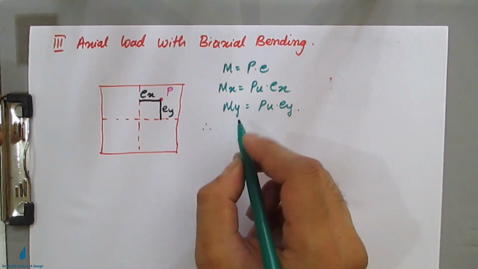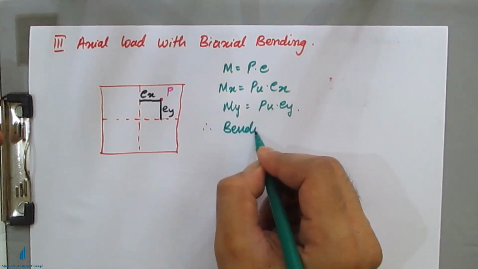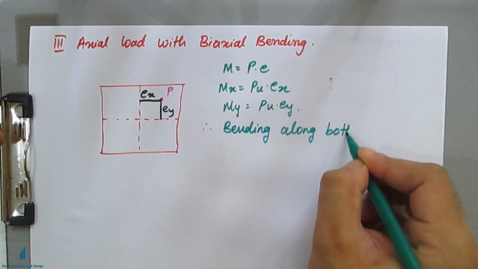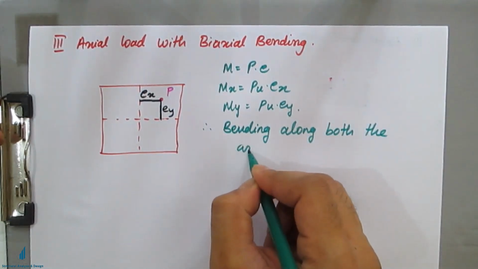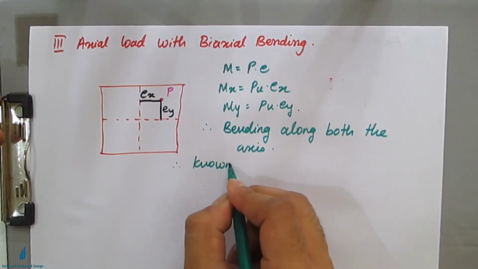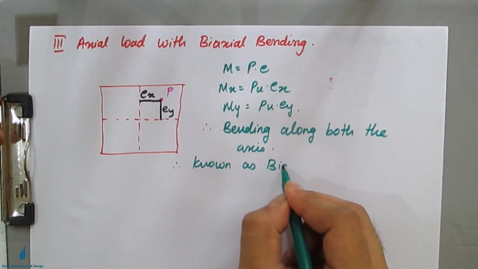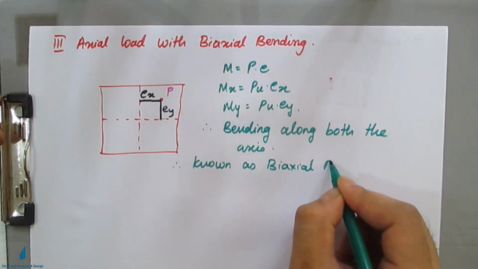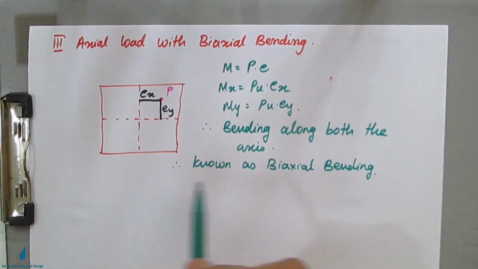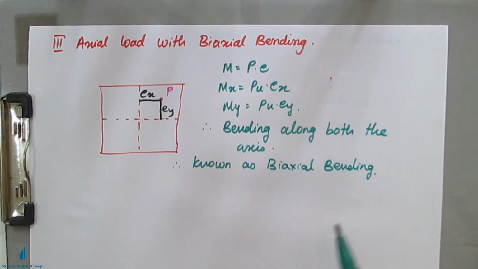Therefore bending along both the axes, therefore known as biaxial bending.